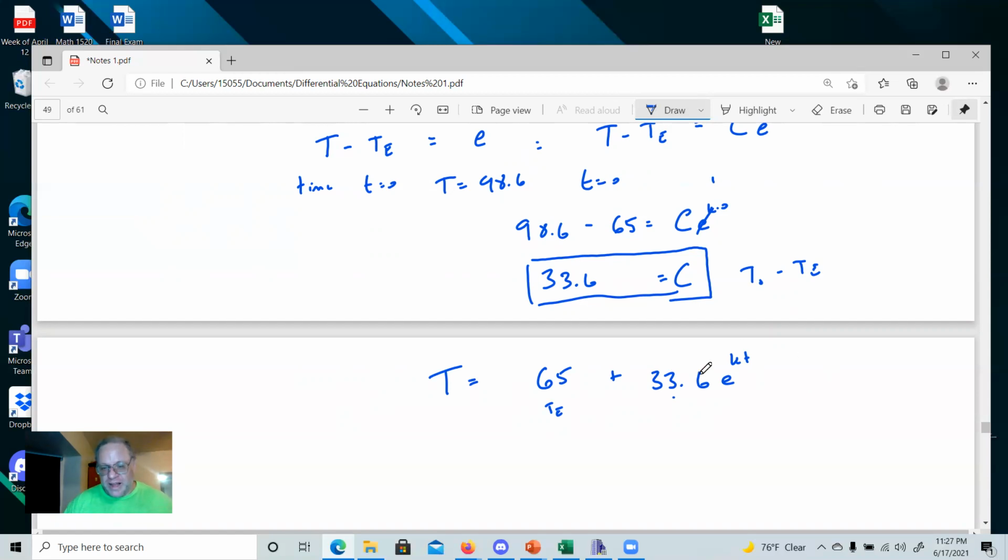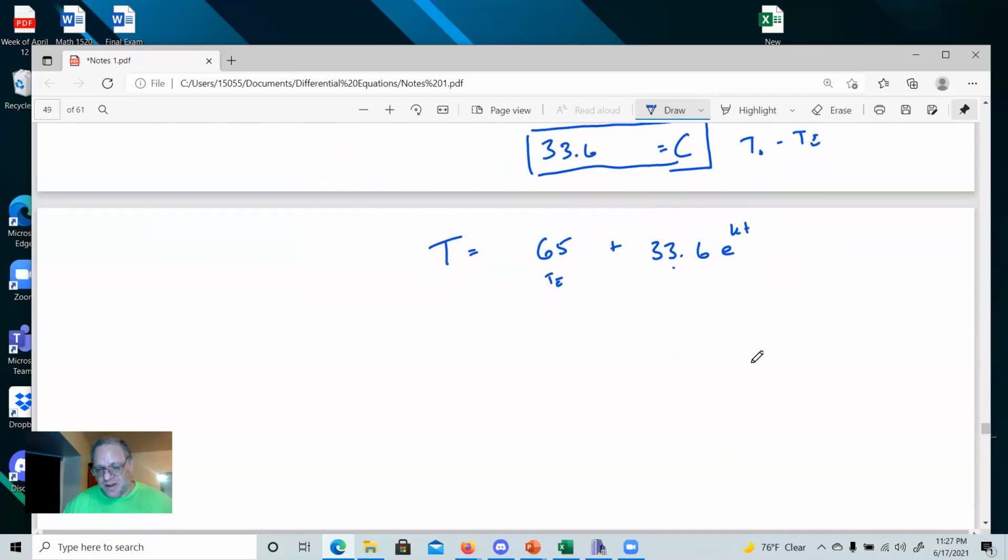This is why setting t equals 0 to be the time you found the body will be a lot easier, because if you don't, we just have to say, well, let T1 be time of discovery, and T1 plus 1 is equal to 1 hour after discovery.